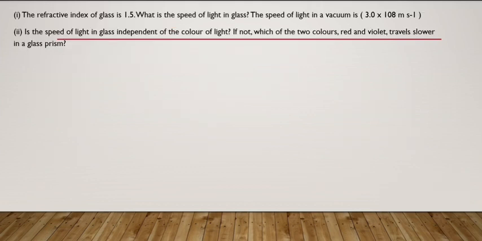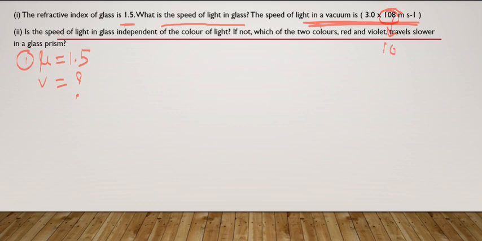Students, here the refractive index of glass is equal to 1.5. So the first part says the refractive index is 1.5, and what is the speed of the light in glass? So we have to find the speed of the light in glass, and we know the speed of light in vacuum is 3 into 10 to the power 8 meter per second. It is mistakenly written 10 to the 108, but it is nothing other than 10 to the power 8.